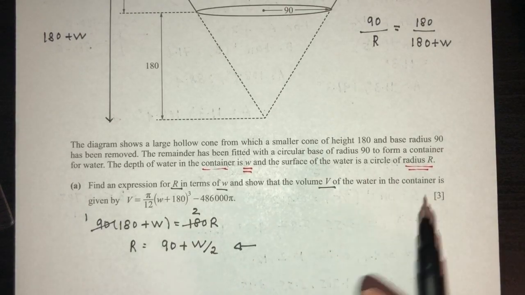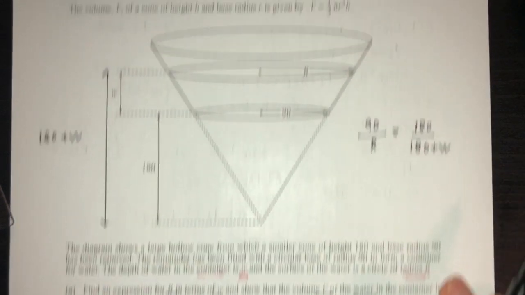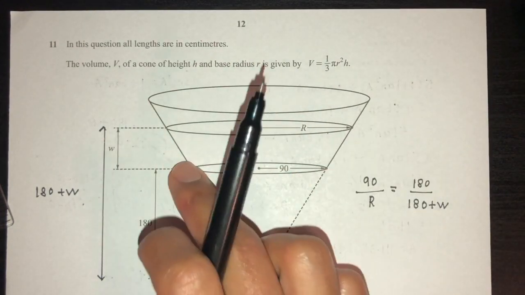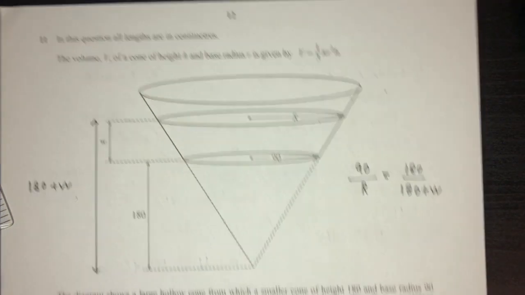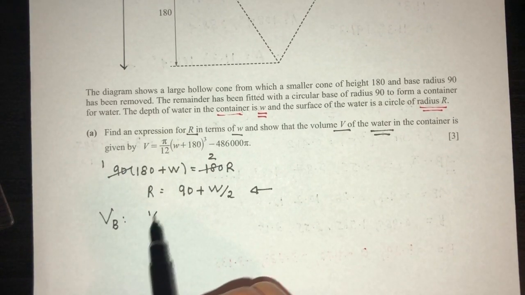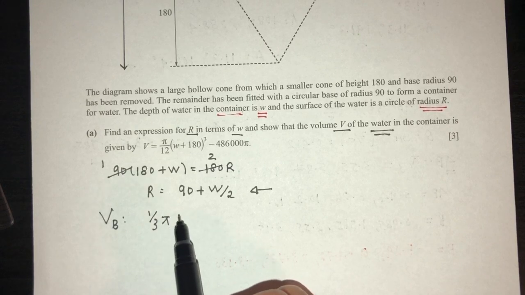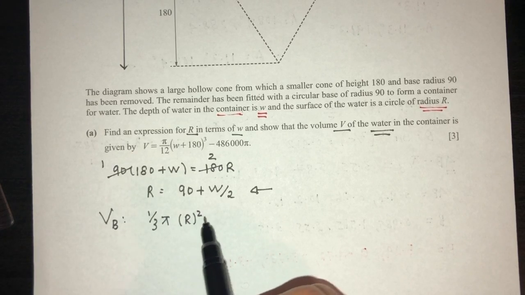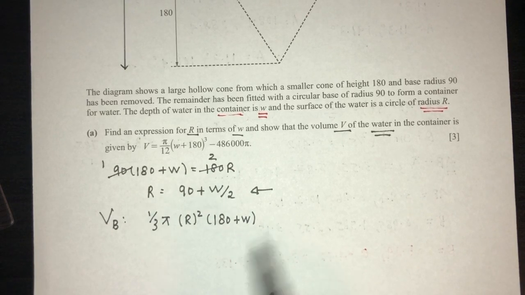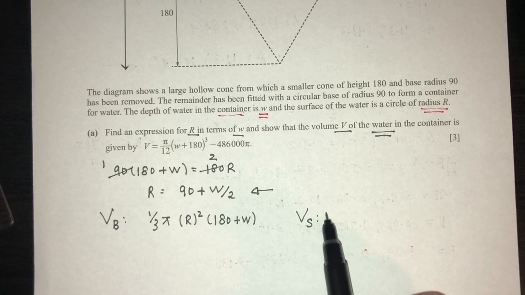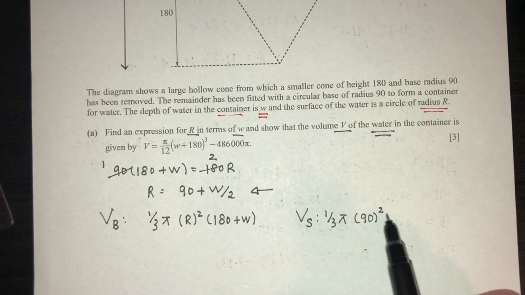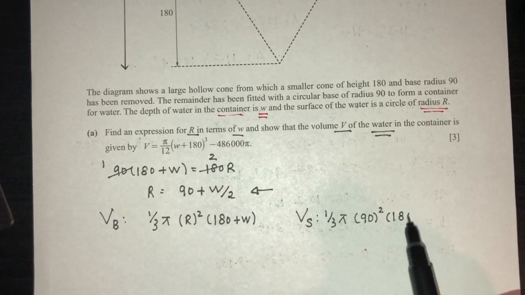So now we have to find the volume of water in the container. Just to find the volume, as you can see, we have to first find the volume of the big cone minus the volume of the small cone to find the volume of water. So let's do that. Volume of big cone is the same formula, so 1/3 pi R squared times h. The height is 180 plus W. Now the volume of the small cone is 1/3 pi, the small r is 90 squared, times the height 180.